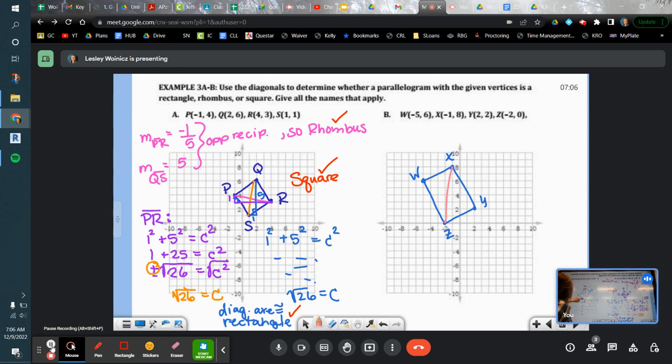That one is going up 1, 2, 3, 4, 5. Oh my gosh. That looks like up 8 and right 1. So my slope for ZX is 8. Now I have to find my slope for WY.